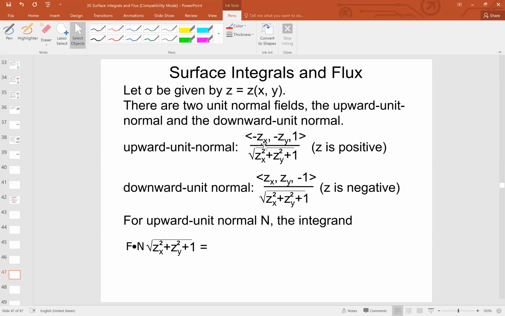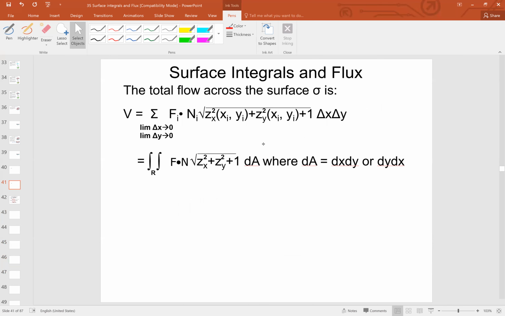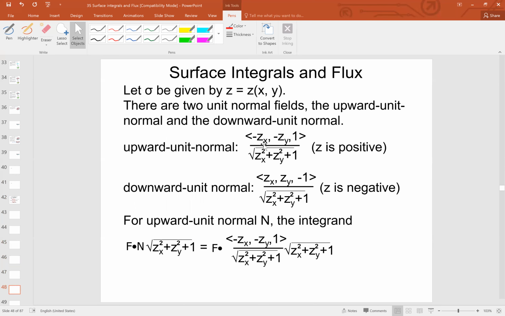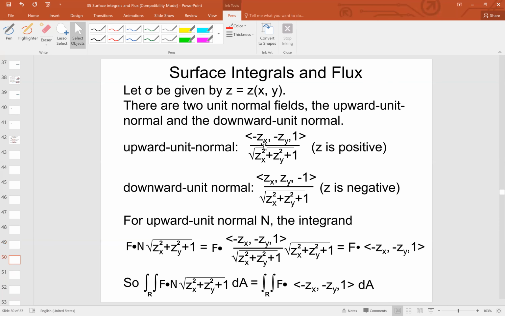And then, if I have the upward unit normal, go back to this formula, we can simplify even further because the length of the partial cancels out, and so we just wind up with F dotted with the partial z, partial x, partial z, 1.